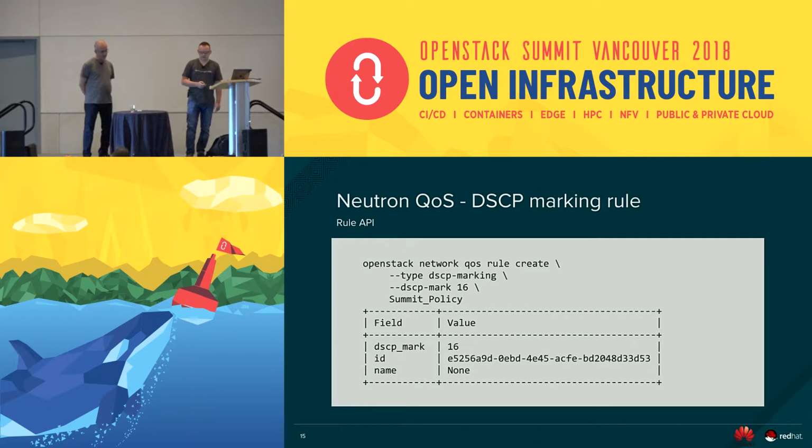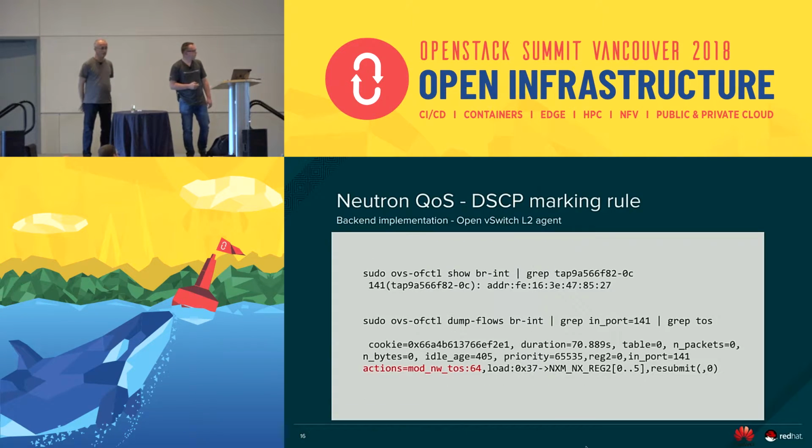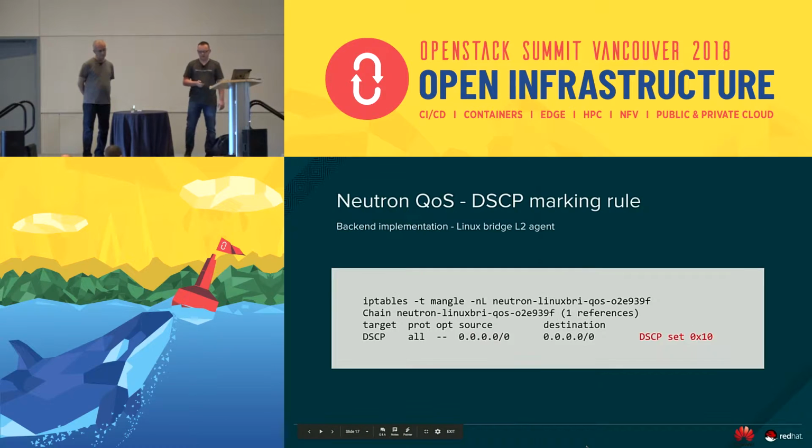This is supported by both the Linux Bridge and Open vSwitch agents. For Open vSwitch, it's set using an OpenFlow rule in the integration bridge. This rule sets the TOS, type of service, field in the IP header with a specific value. And for Linux Bridge, we are using iptables, and we have a specific QoS chain in the mangle table in the postrouting chain.